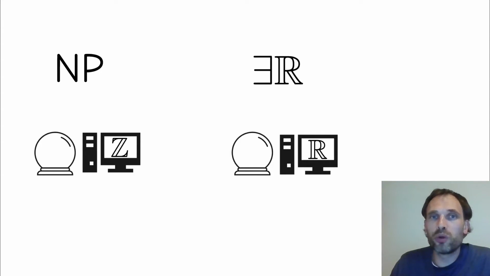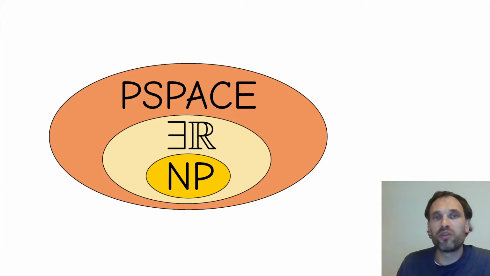Okay, so now that you know the definition, let me give you a placement in relation to other complexity classes. Since the real RAM is more powerful than the word RAM, we have that NP is trivially contained in the complexity class ETR. And Canny came up with a very sophisticated algorithm, I think already in the 80s, to show that ETR can also be solved in polynomial space.